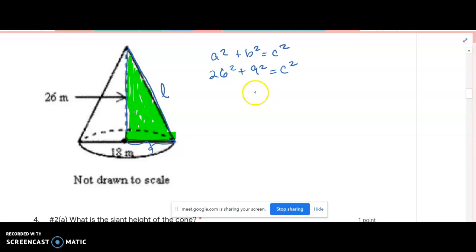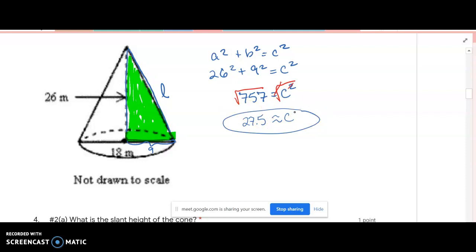So that comes out to 757, that equals c squared. Then I hope you were sure to go ahead and square root that. So c came out to be 27.5.